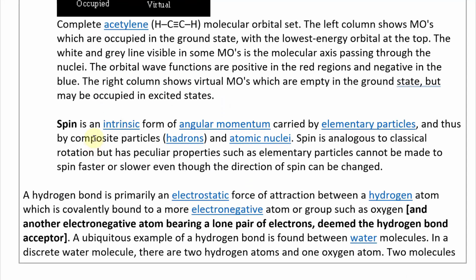Anyways, continuing further. So spin is an intrinsic form of angular momentum carried by elementary particles and thus by composite particles, which are called hadrons, and atomic nuclei. Spin is analogous to classical rotation, but has peculiar properties, such as elementary particles cannot be made to spin faster or slower, even though the direction of spin can be changed.